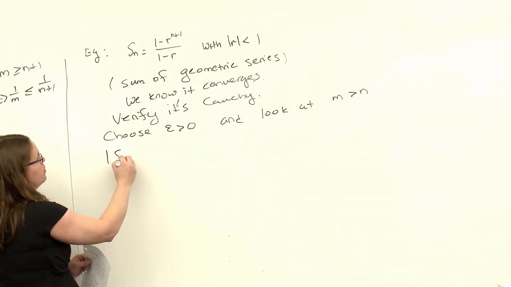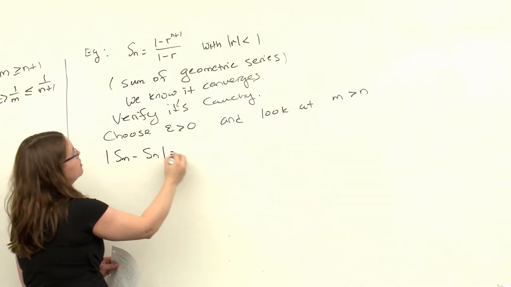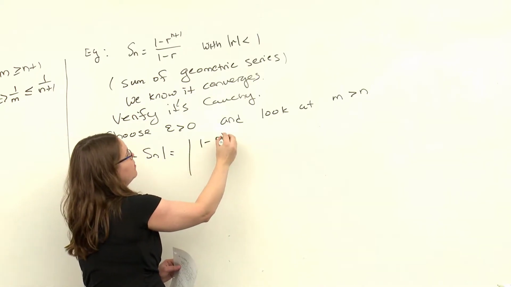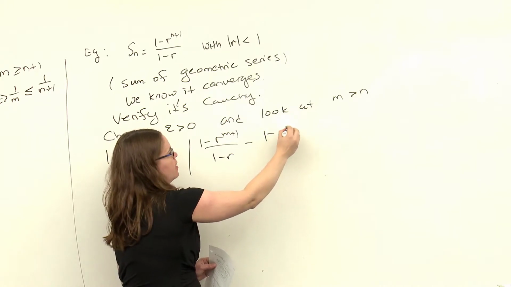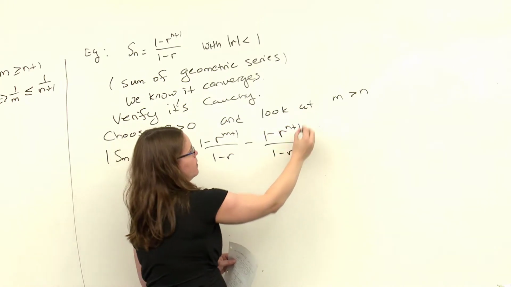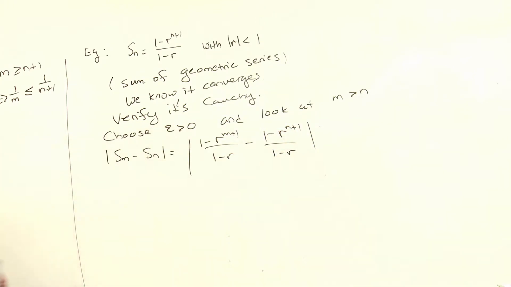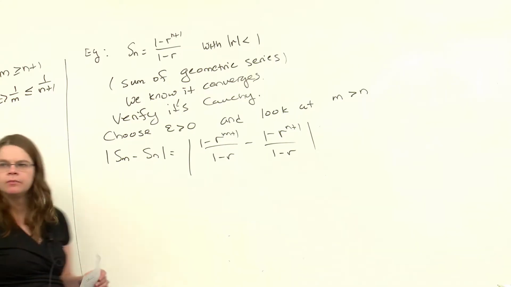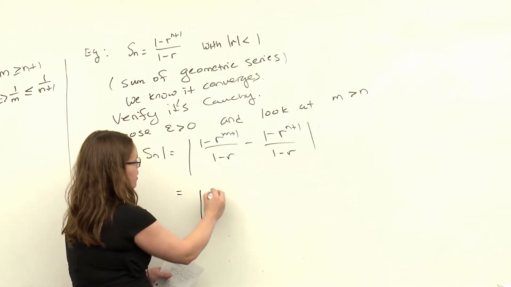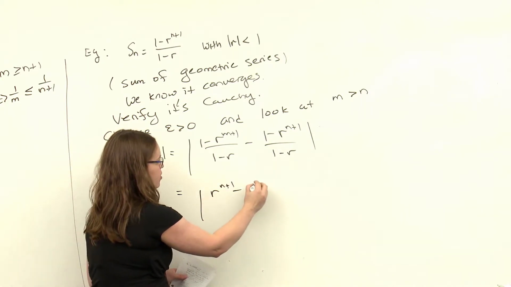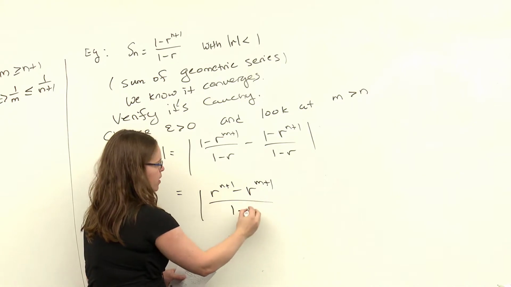So now Sm minus Sn is equal to (1 minus r^(m+1)) over (1 minus r), minus (1 minus r^(n+1)) over (1 minus r). Okay, this we can bring over a common denominator. We get (r^(n+1) minus r^(m+1)) over (1 minus r).